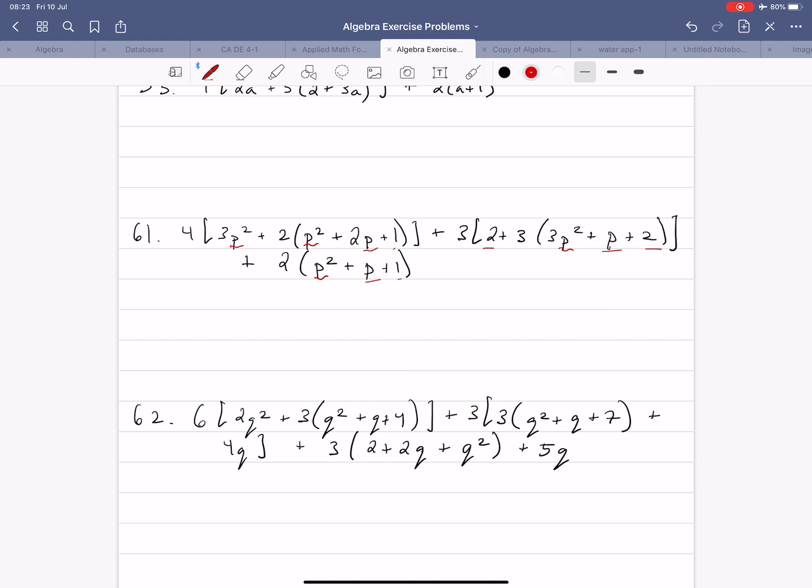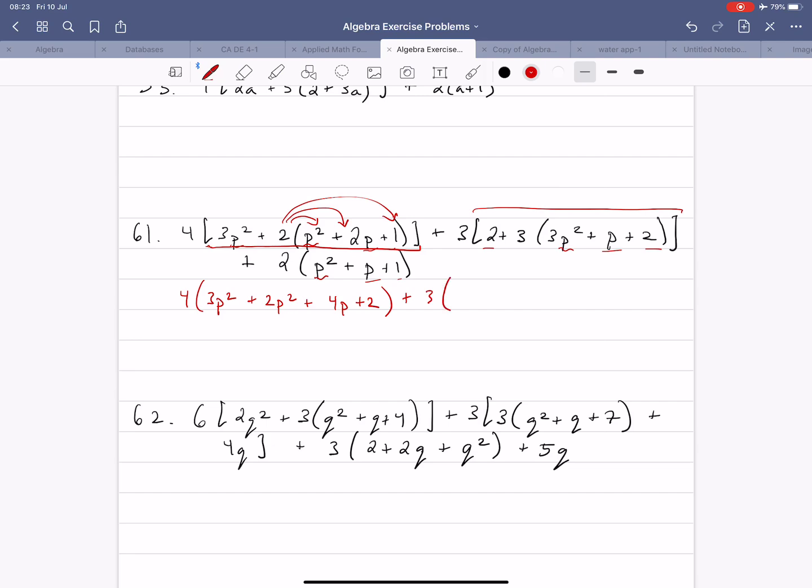I'm going to start by looking at this first grouped term here and trying to simplify that. So that's going to be 4 times 3p squared plus, and then I'm going to apply the distributive property here to distribute this 2 out to each of these terms, plus 2p squared plus 4p plus 2. Now I'm going to do the same thing with this term here.